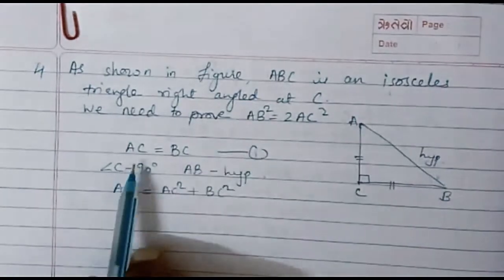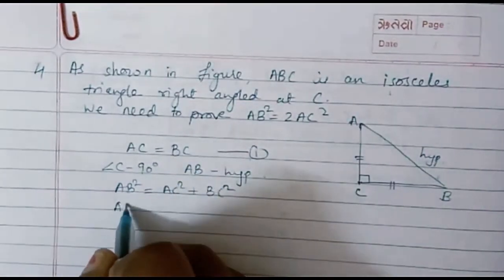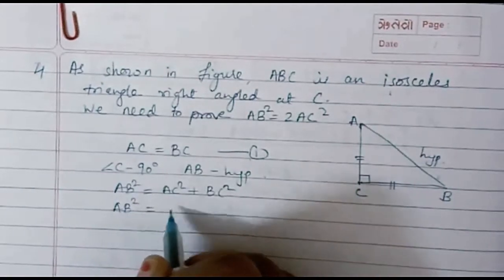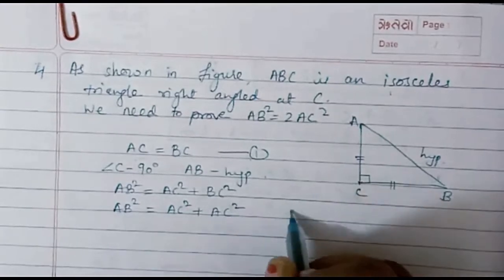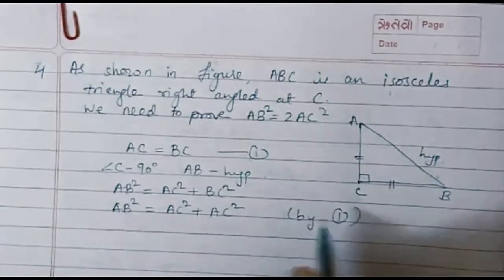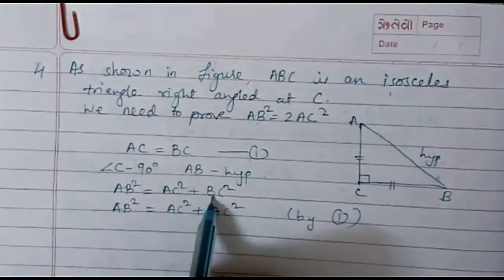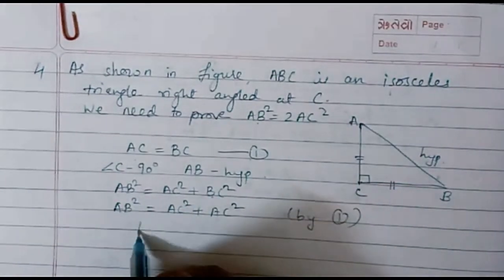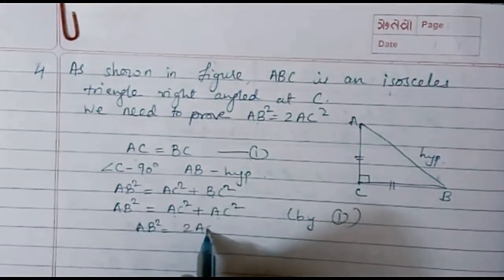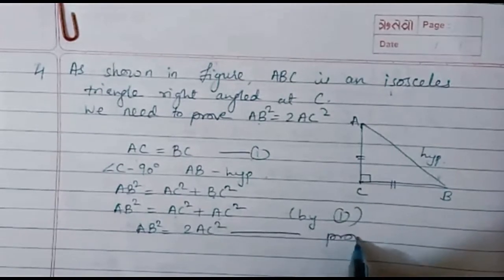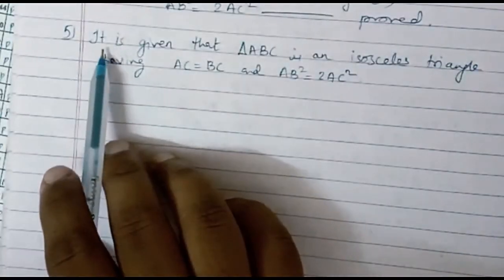We have already proved AC and BC are equal, so by result number 1, this can be written as AB square is equal to AC square plus AC square, because we need to prove AB square is 2AC square. So we have replaced BC square by AC square. AB square is equal to AC square plus AC square, that is 2AC square, and hence the result is proved.